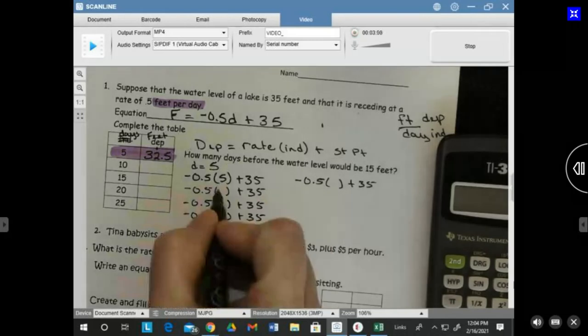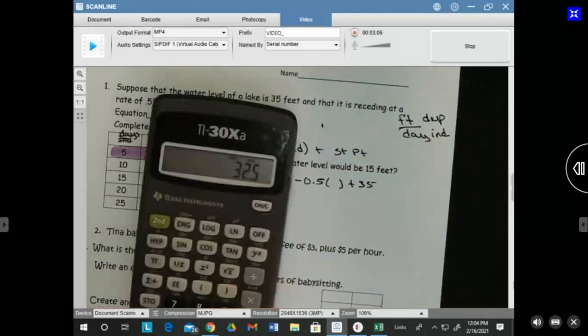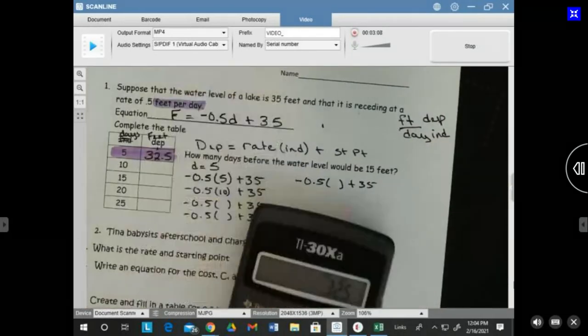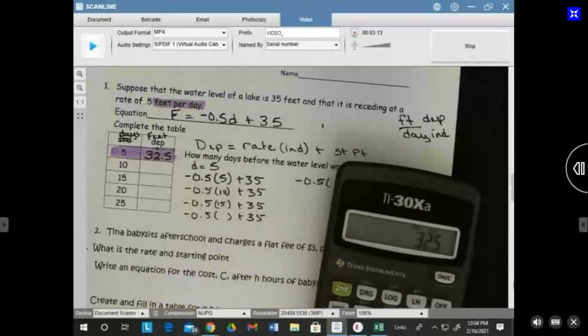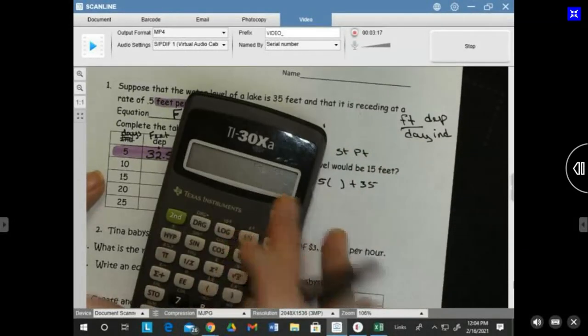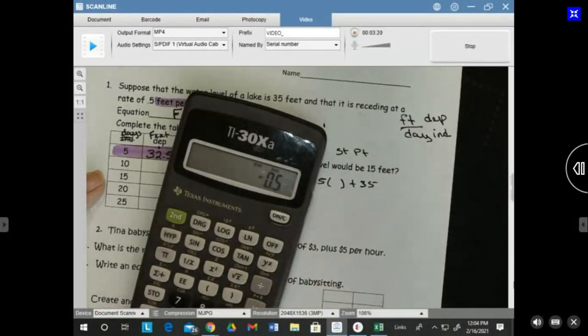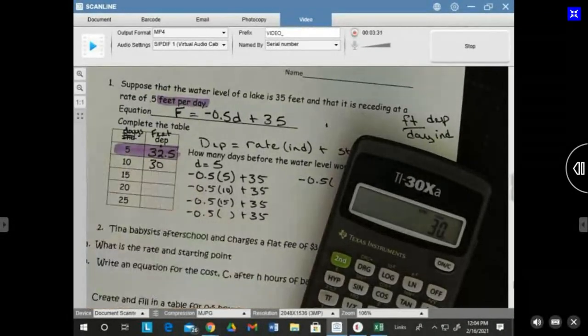Did anybody get 10? No? You got 15? What do I get if I say 0.5 negative times 10 plus 35? Did we get a 30?